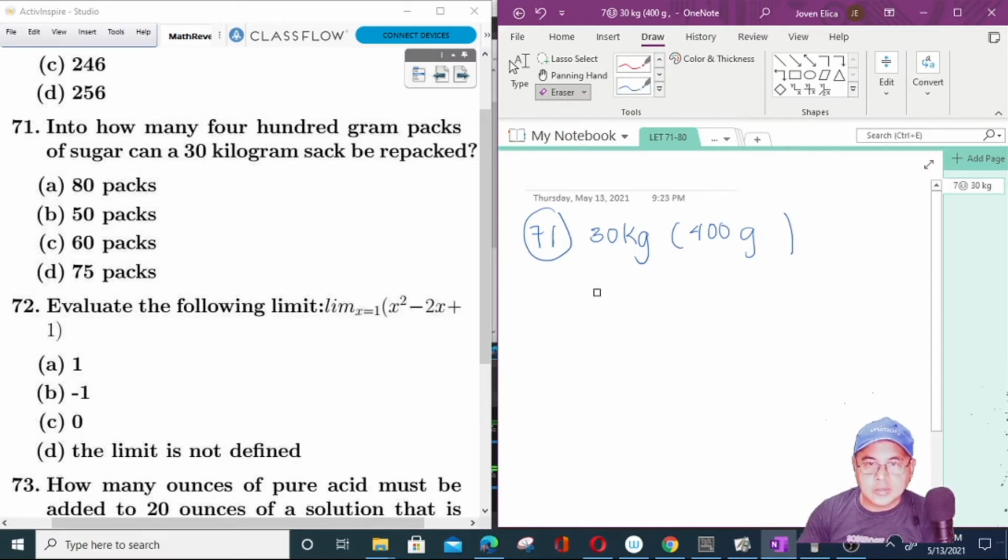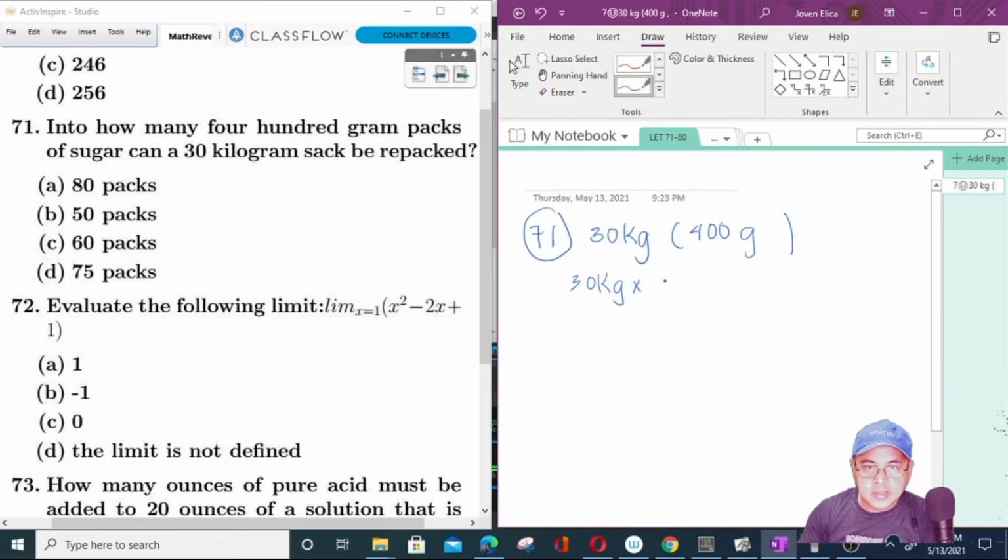Multiplication because we need to convert kilograms to grams. First, we convert the 30 kilograms to grams.